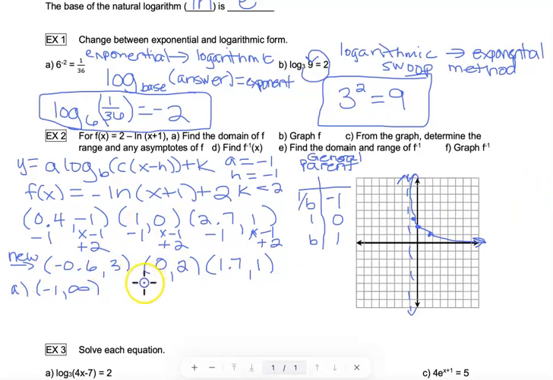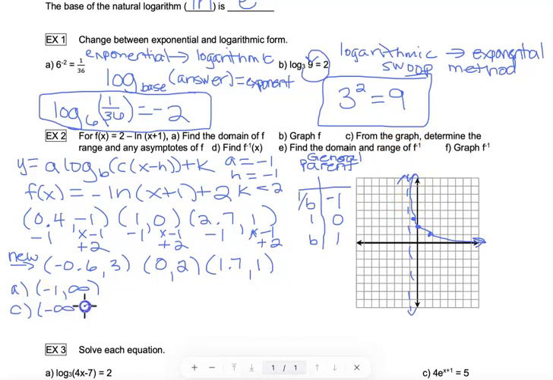I already graphed it. Part C asked me for the range and any asymptotes. So the range should be negative infinity to infinity. This is going to keep going down slowly. This obviously shoots up to positive infinity pretty quickly.